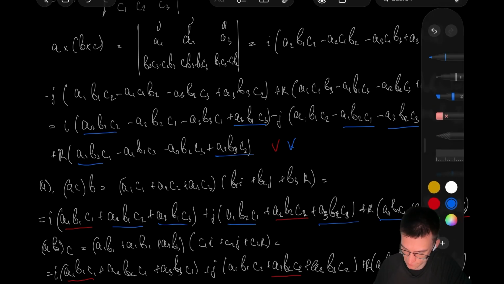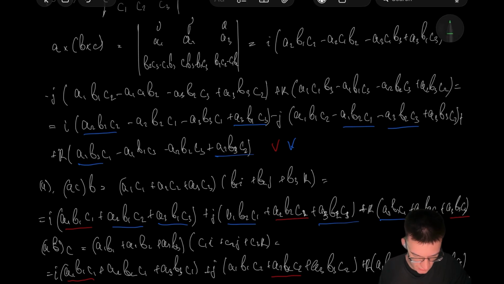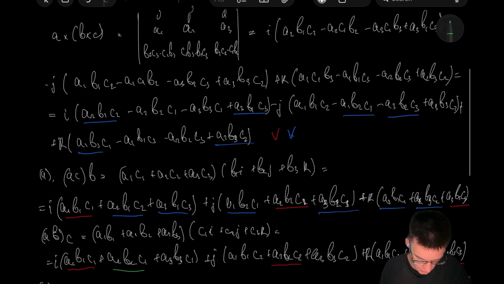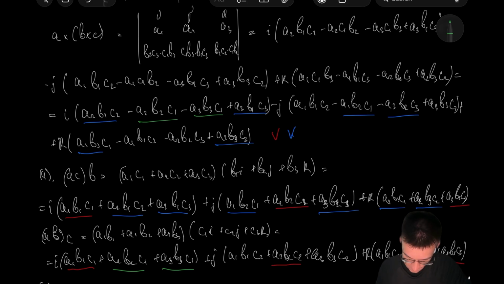And now negative terms. Negative terms is A2, B2, C1, A2, B2, C1, yep, that matches. A3, B3, C1, A3, B3, C1, nice. And then A1, B1, C2, A1, B1, C2, cool.